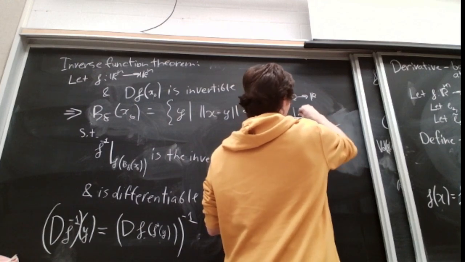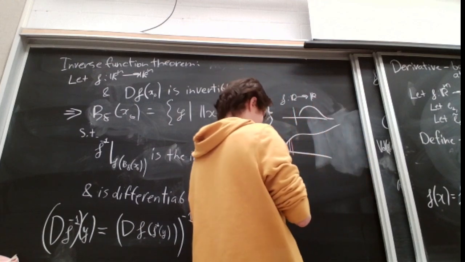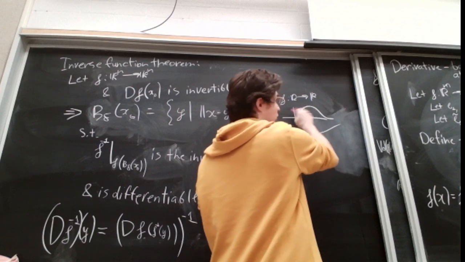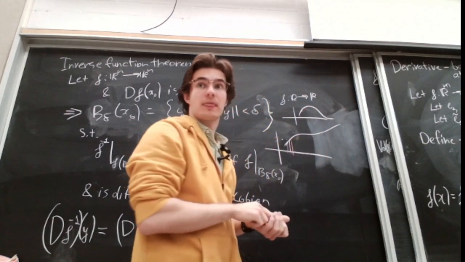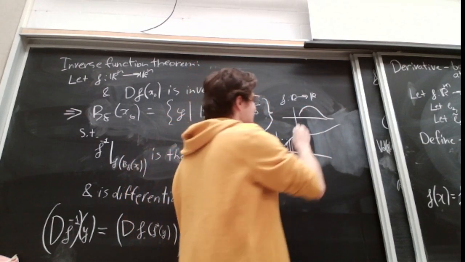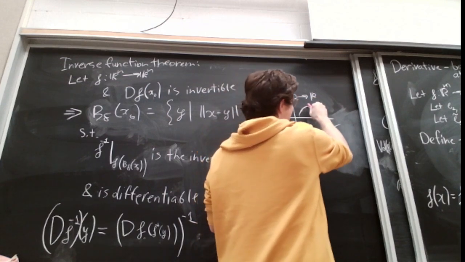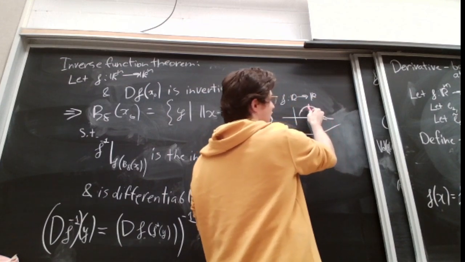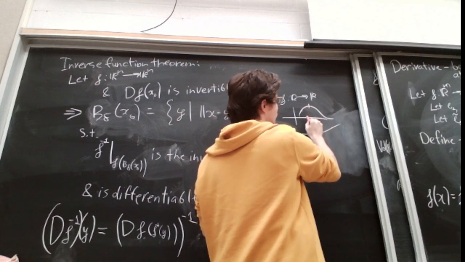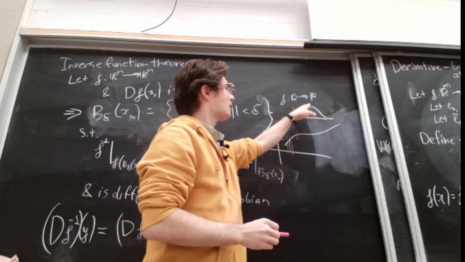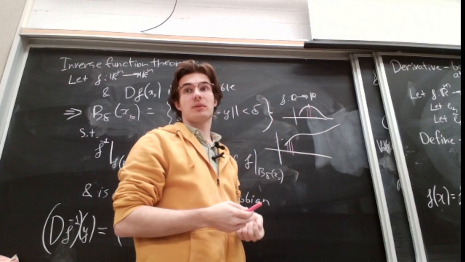If you had even a sinusoid, here the derivative is positive. Locally, I could really define an inverse around here properly. But here the derivative is 0. So here I can't necessarily define an inverse properly, because two values like this value here and this value here would get mapped to the same thing. So the function around the small neighborhood here wouldn't be invertible, right?